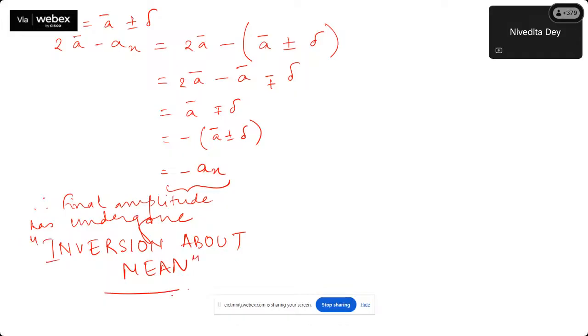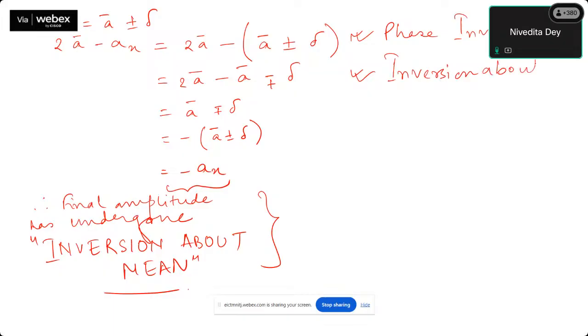So there are two phases here, as you can understand. The first one is phase inversion, and the second one, this is not with respect to phase, this is about amplitude. So the second is inversion about the mean.